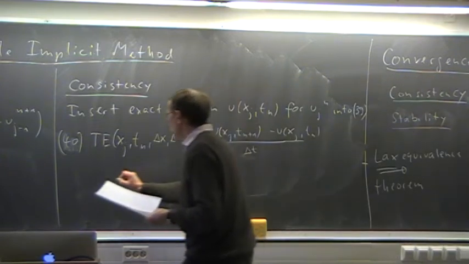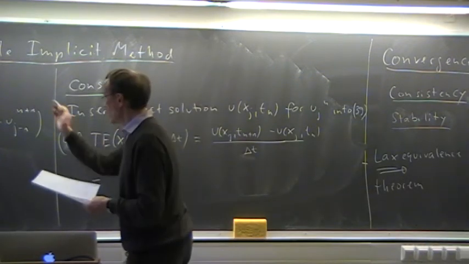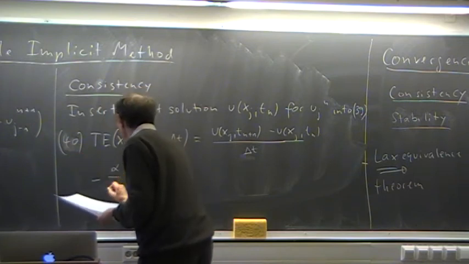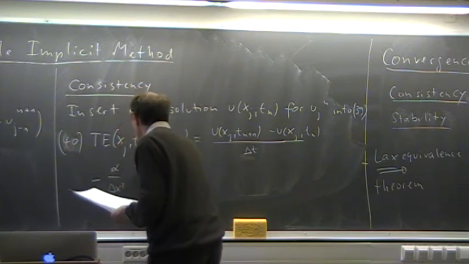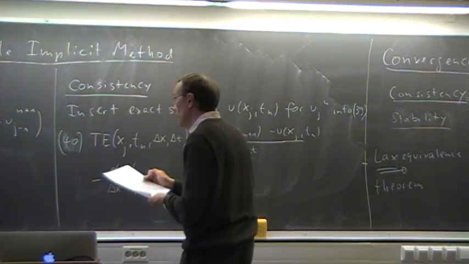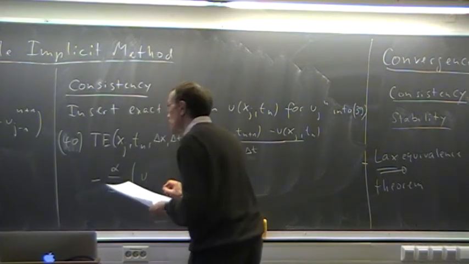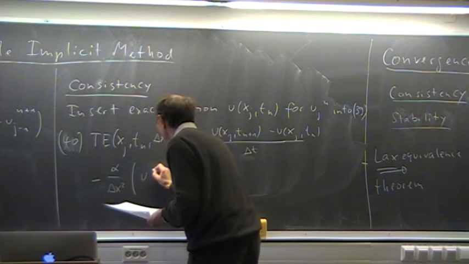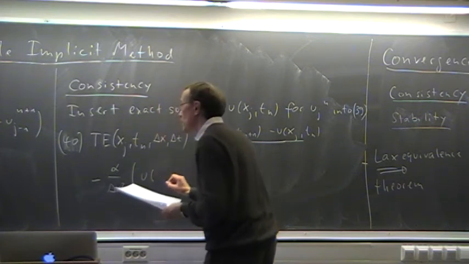And now we take the minus, so we take it to the left hand side, alpha divided by delta x squared, and we insert now also here the exact solution at the right grid points and the right time level.